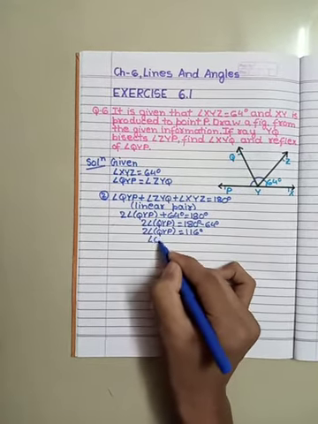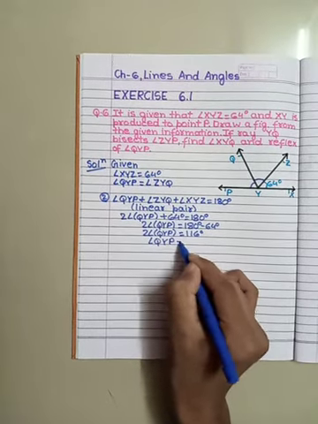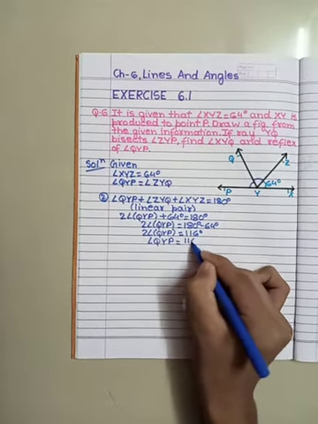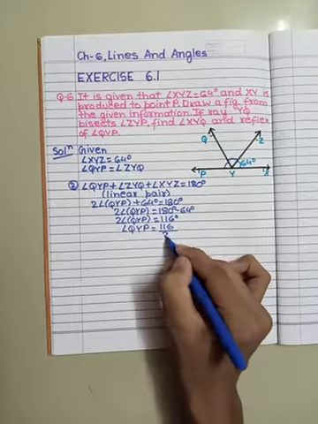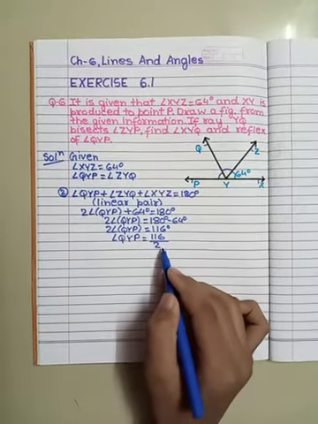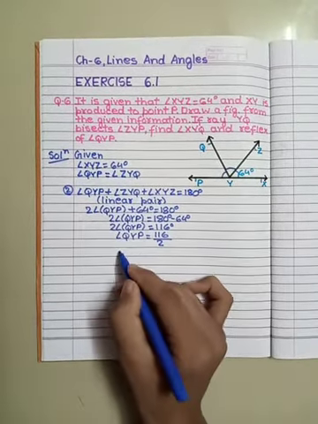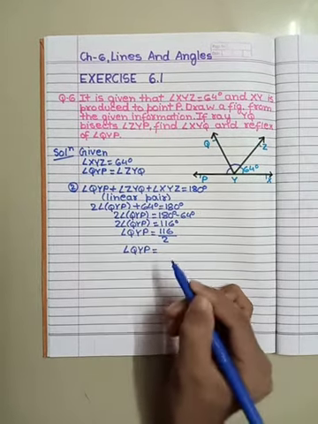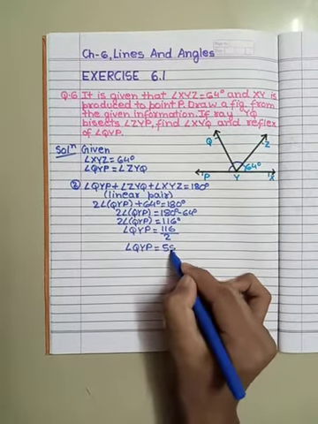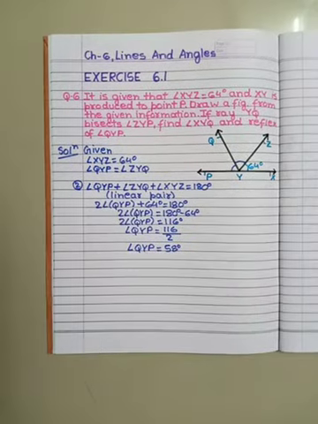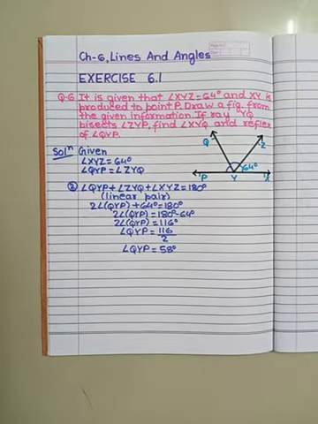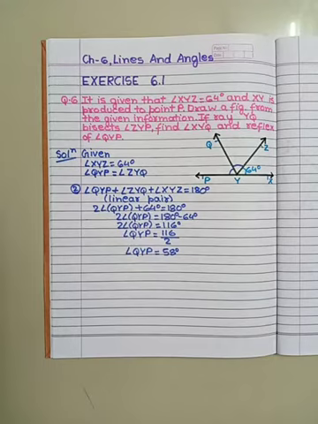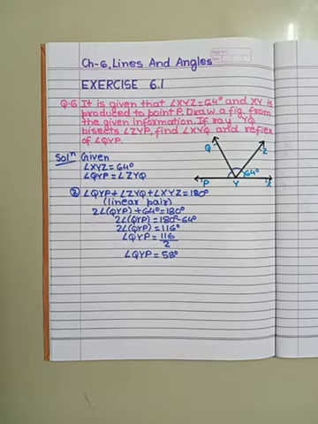So now angle QYP will be equal to 116 upon 2, bringing 2 to the denominator. So this implies angle QYP will be equal to 58 degrees. So now we have found angle QYP is equal to 58 degrees, but we need to find its reflex.